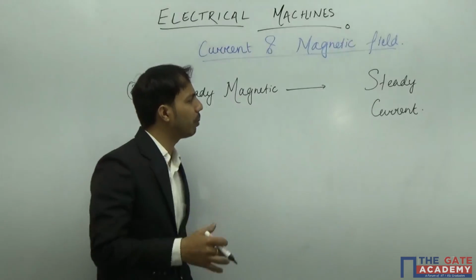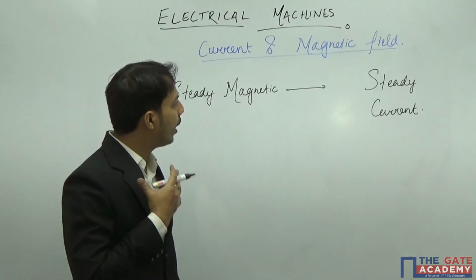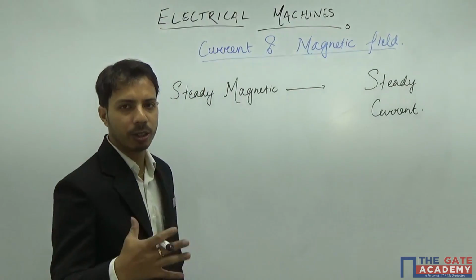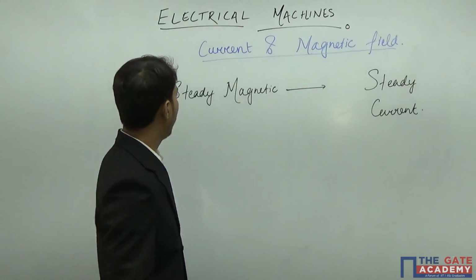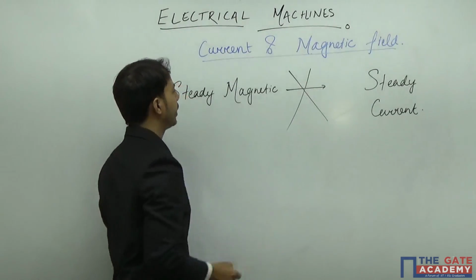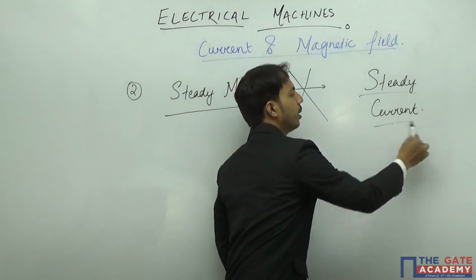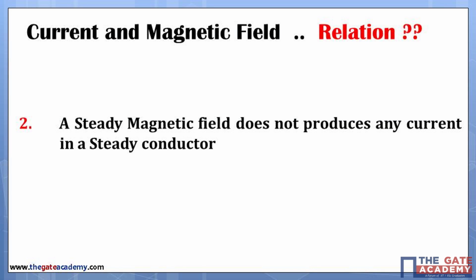And he did this experiment rigorously for days and days, but he was not successful. What he found out ultimately is that a steady magnetic field cannot produce steady current. It cannot.